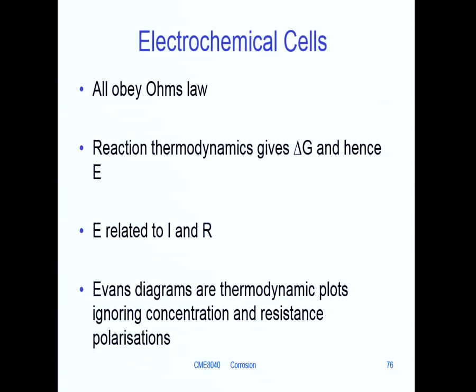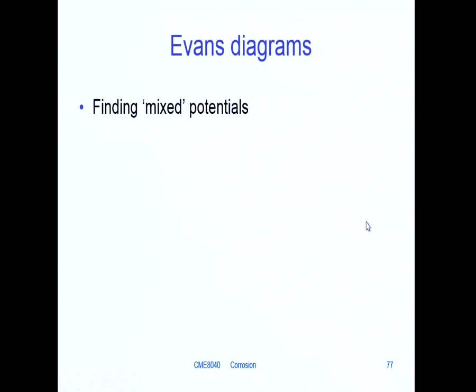Yeah, so what we're going to do is look at the Evans diagram on your handout and look at this idea of mixed potentials. So what you've got on your handout is this diagram at the top.